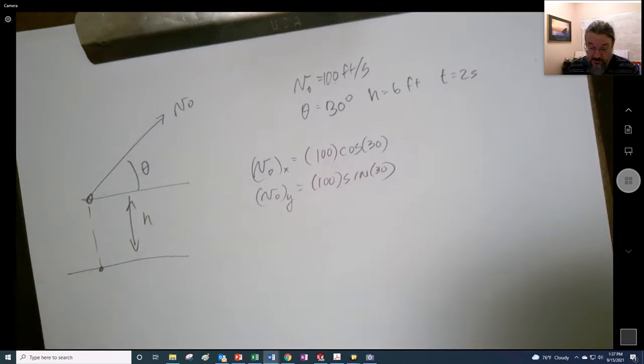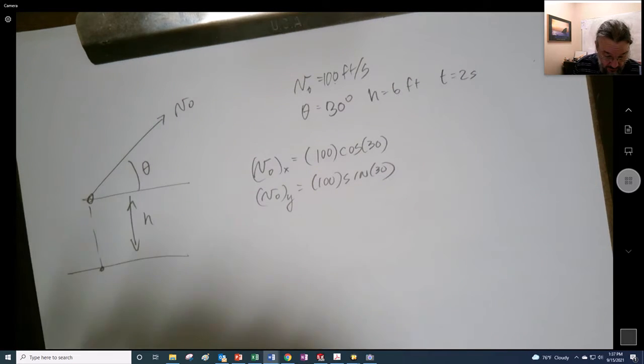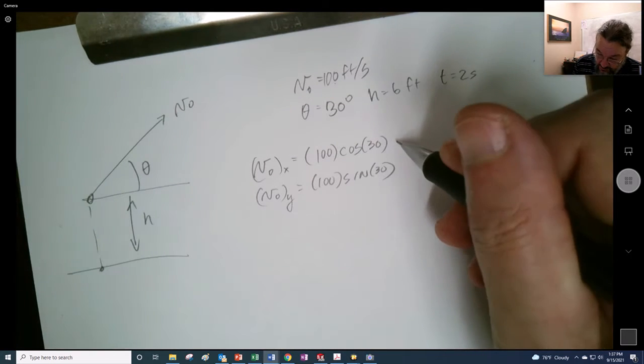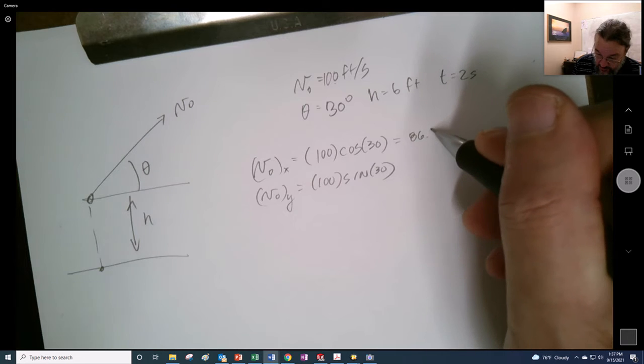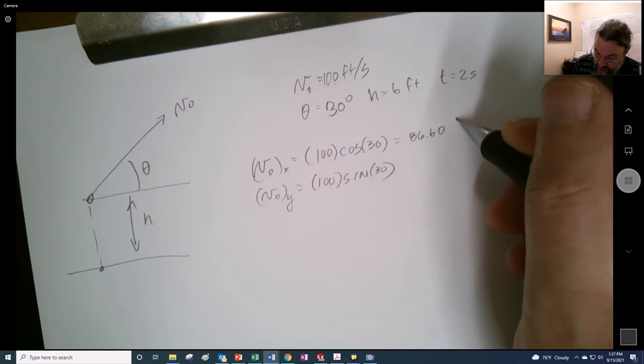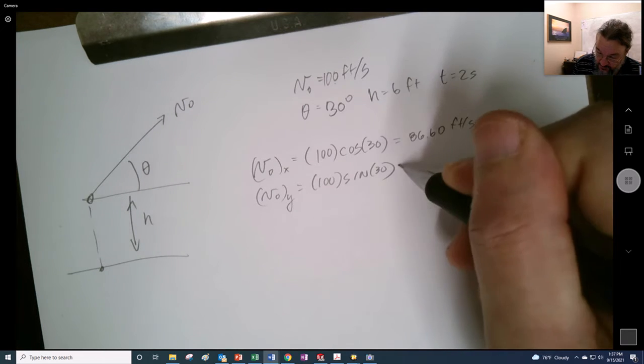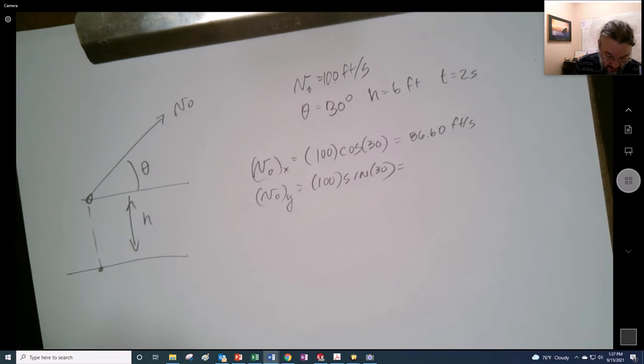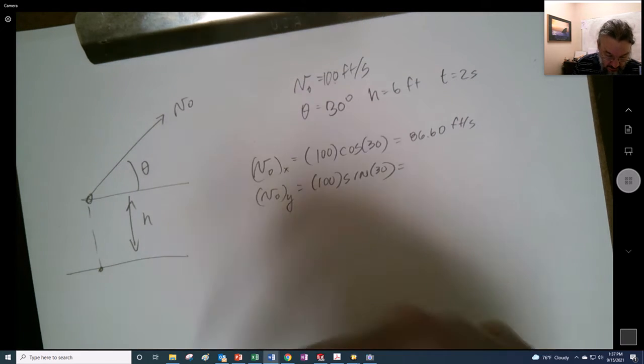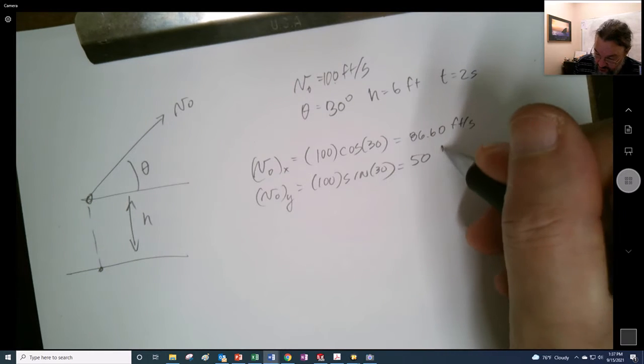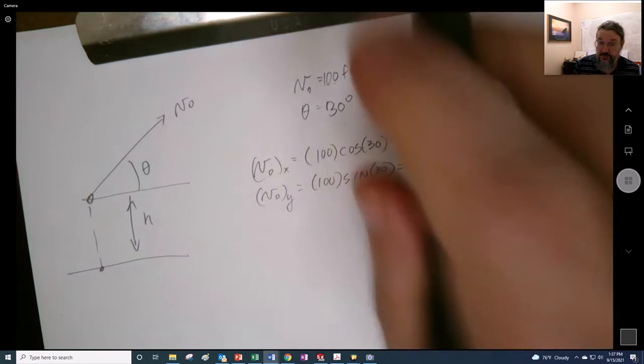Let's get the calculator out. 100 times cosine of 30 gives 86.60 feet per second, and 100 times sine of 30 should be 50. This is the original velocity going up.